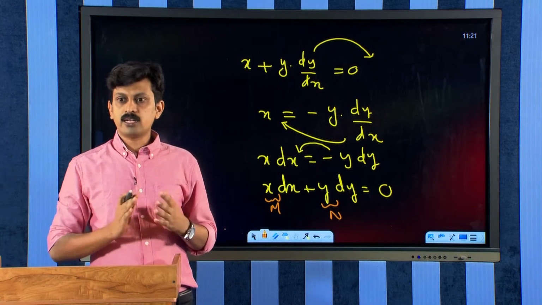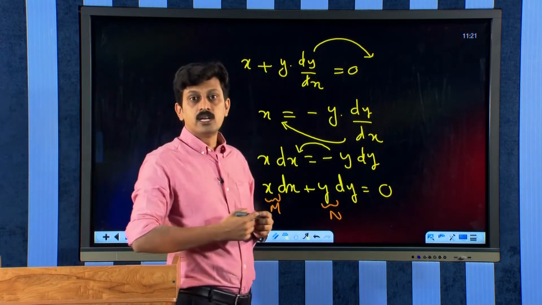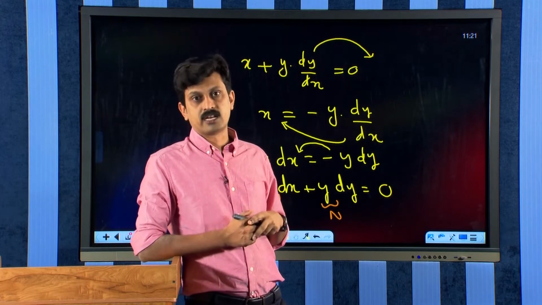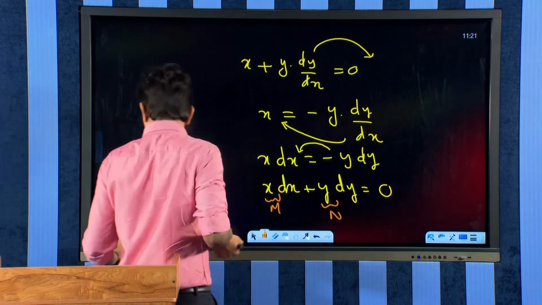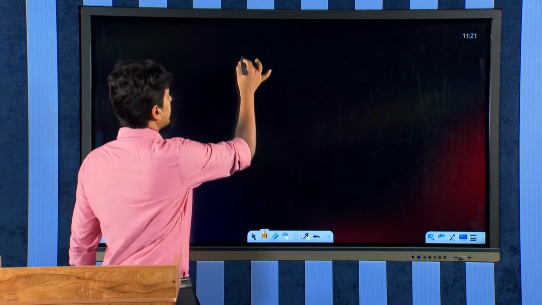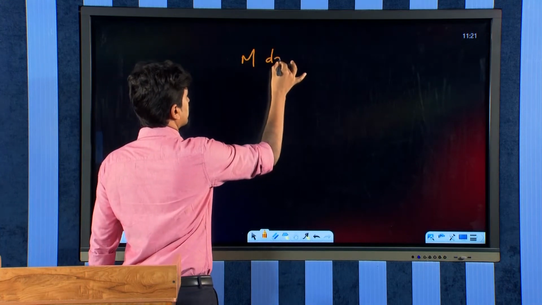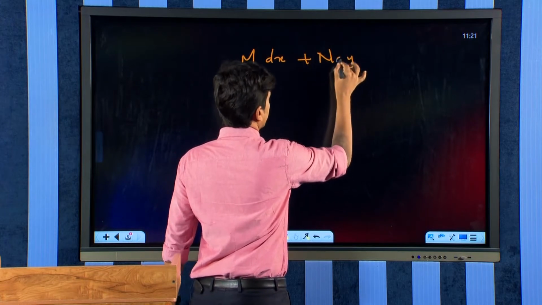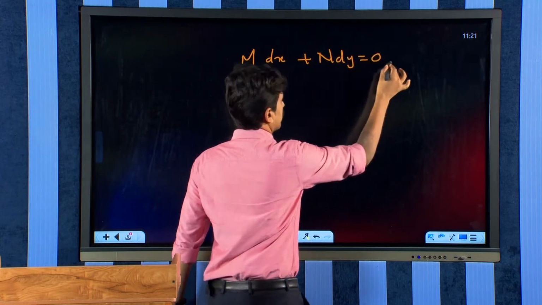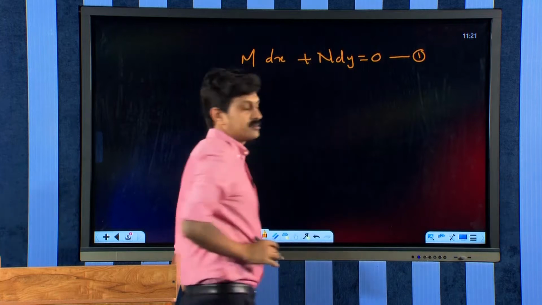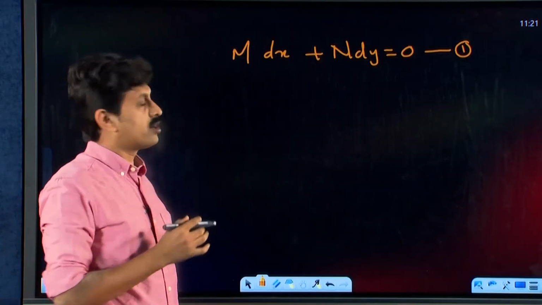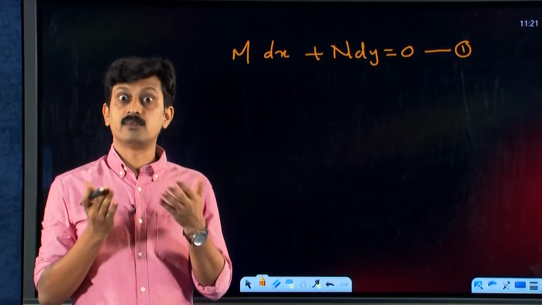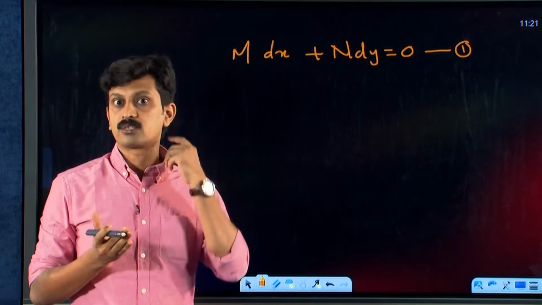In this session, our discussion is how we can solve an exact differential equation. As we said before, we have M dx plus N dy equals 0 as the differential equation, where M is a function of x and y, and N is also a function of x and y. We have to check whether equation number 1 is exact or not.